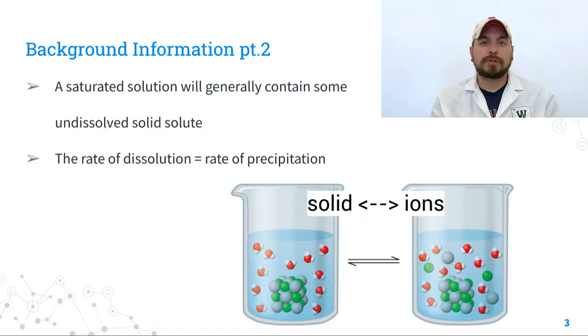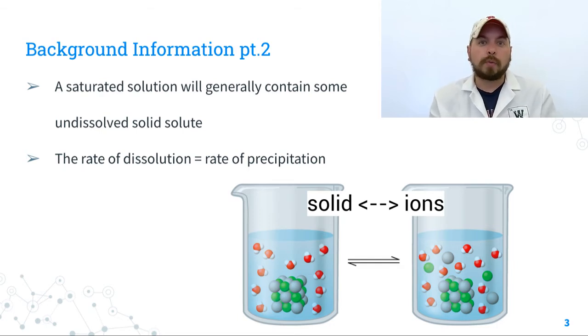When we look at a saturated solution that's at equilibrium, we need to remember that equilibrium means the forward reaction rate and the reverse reaction rate are the same. In any dissolving process, the forward direction is dissolving or dissociation, and the reverse is the solid forming, or precipitation. In a saturated solution, the rate of formation of the precipitate is equal to the rate of dissolution of the precipitate.